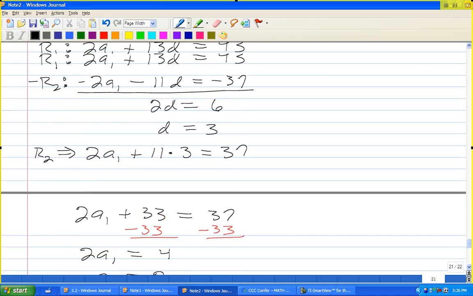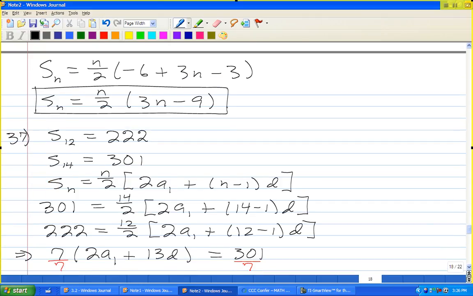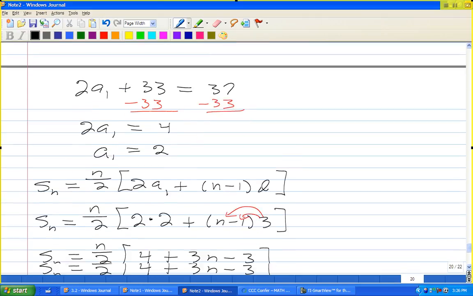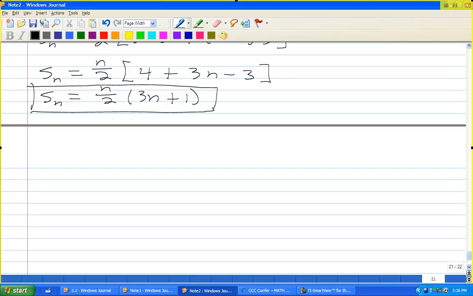Let me do problem number 39. A1 is 5. The sum of the first 18 terms is 589.